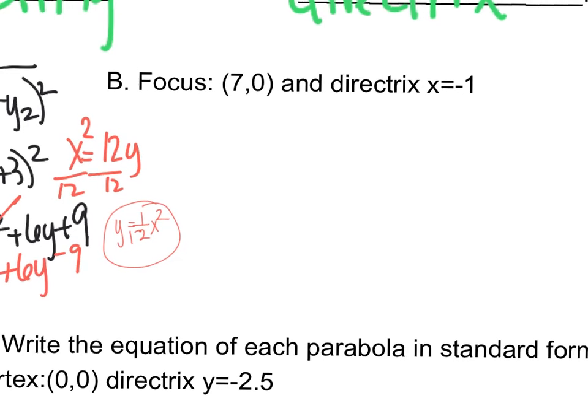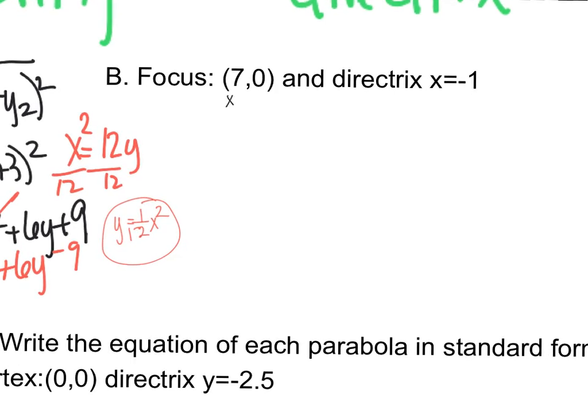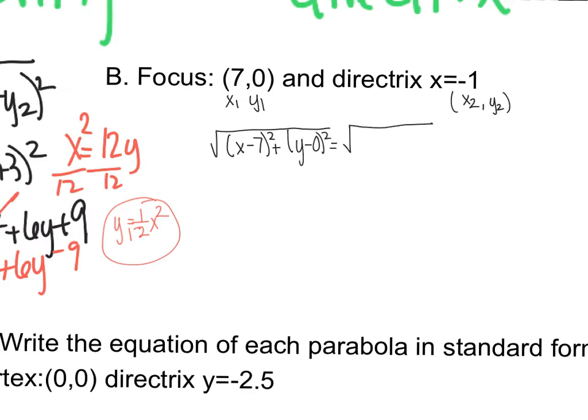All right, so for the letter B, this is my x1, y1. This is my x2. I do not have a y2, so we're just going to call that y. All right, so my formula is the square root of (x minus x1) squared plus (y minus y1) squared equals the square root of (x minus x2) squared plus (y minus y2) squared.